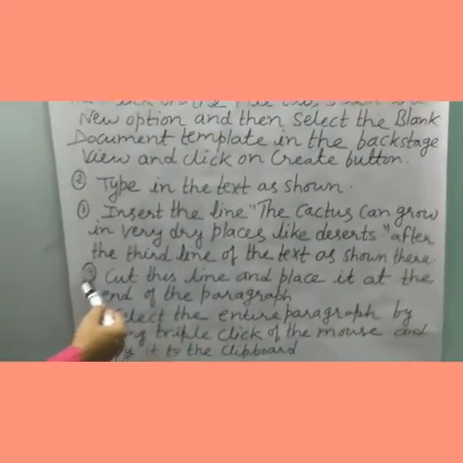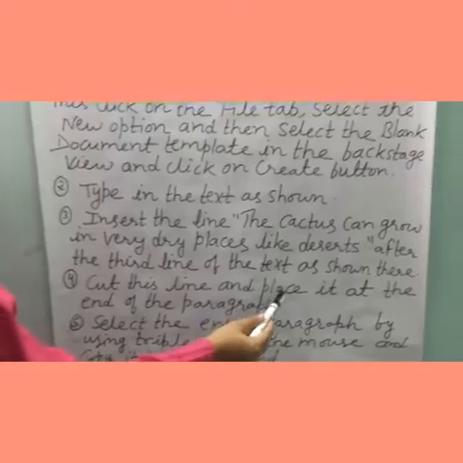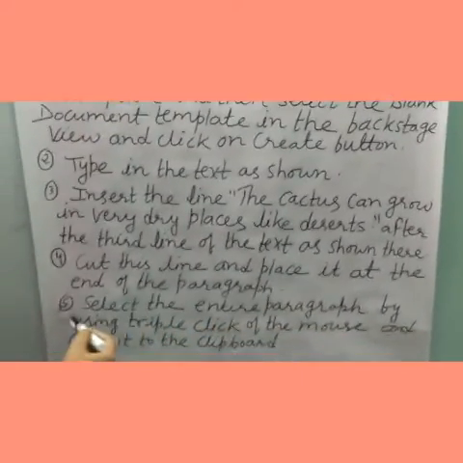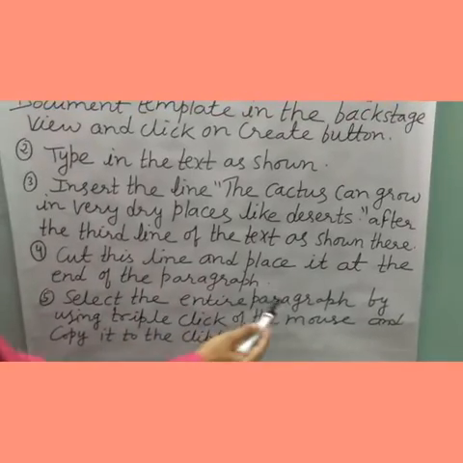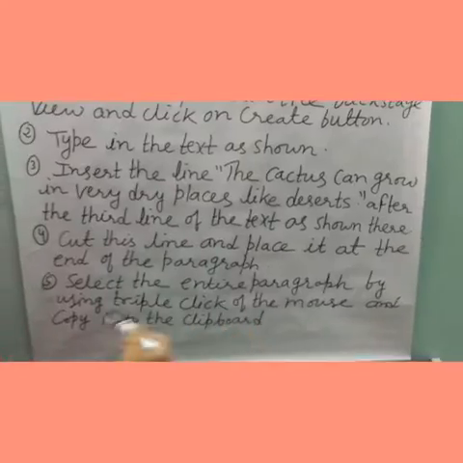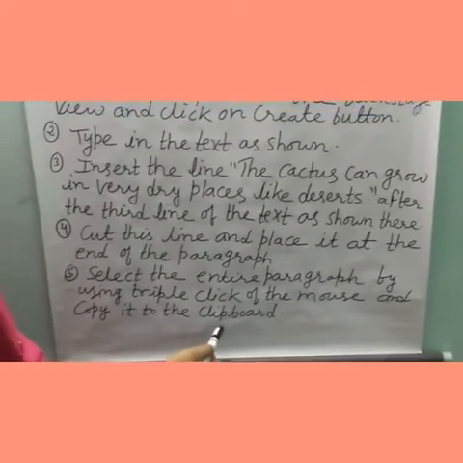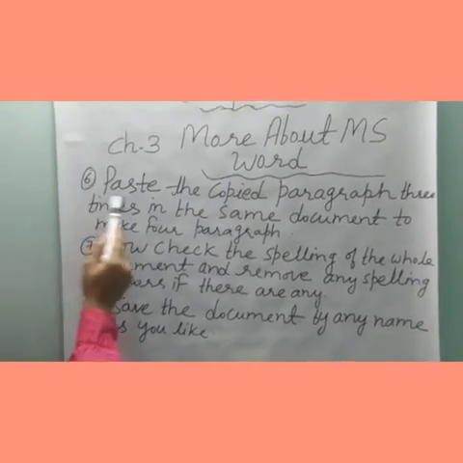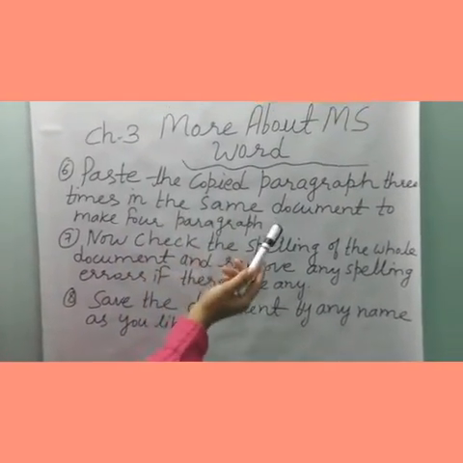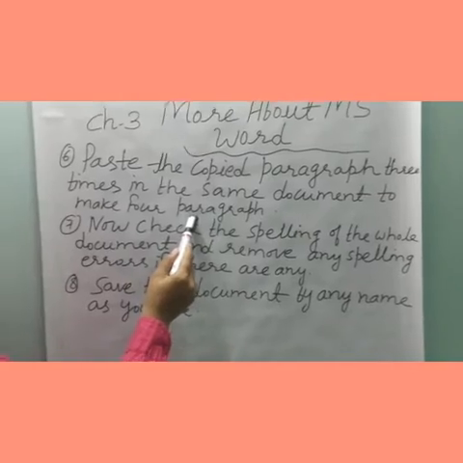Next, cut this line and place it at the end of the paragraph. Fifth, select the entire paragraph by using a triple click of the mouse and copy it to the clipboard. Sixth step, paste the copied paragraph 3 times in the same document to make 4 paragraphs.